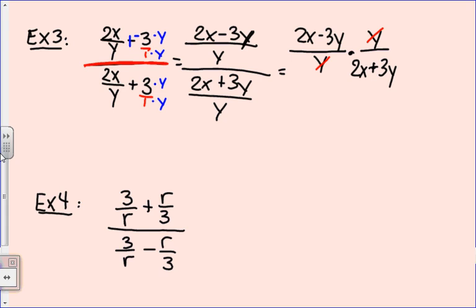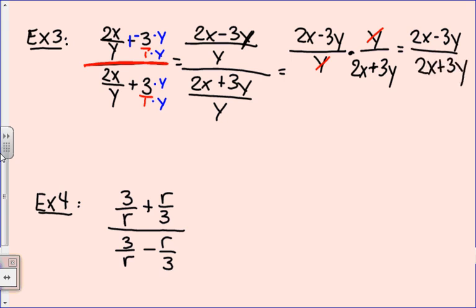Nothing else? Because it's 2x and 2x. No, it's a quantity. So can I take a 2x without taking out the rest here as well? No. Okay, so I think this is it actually. 2x minus 3y over 2x plus 3y.